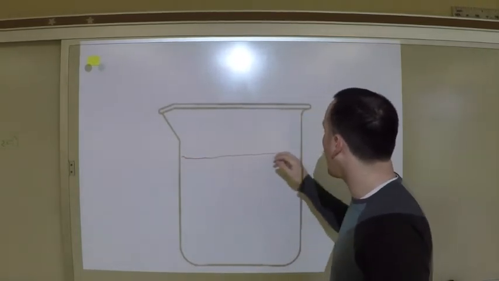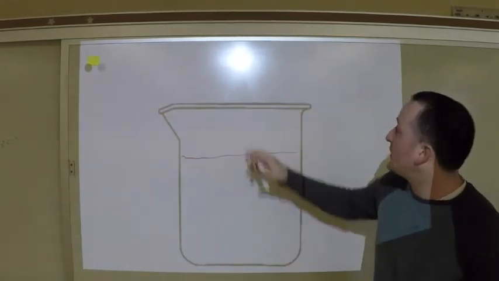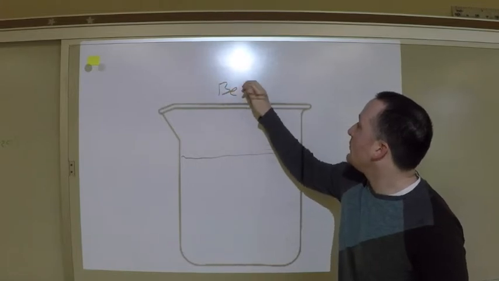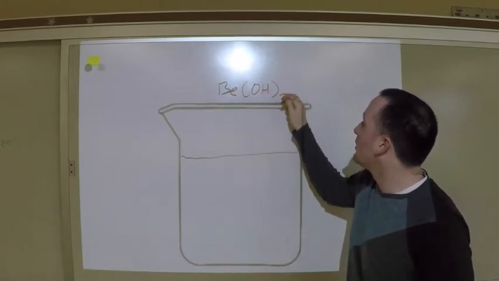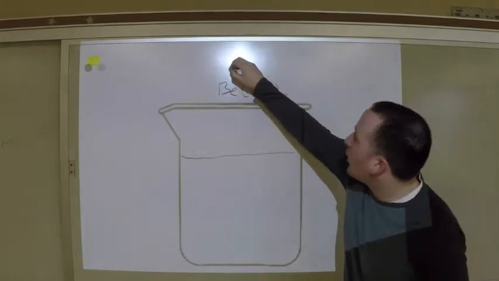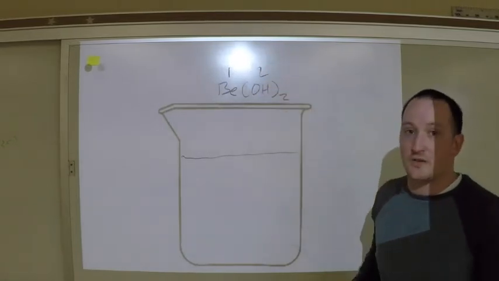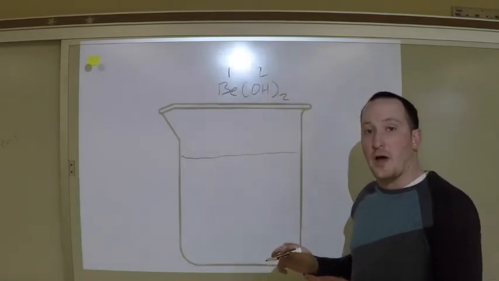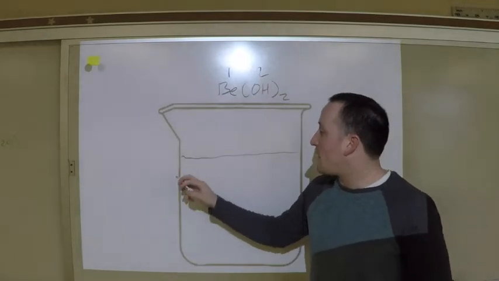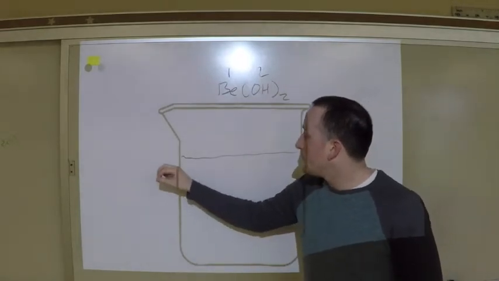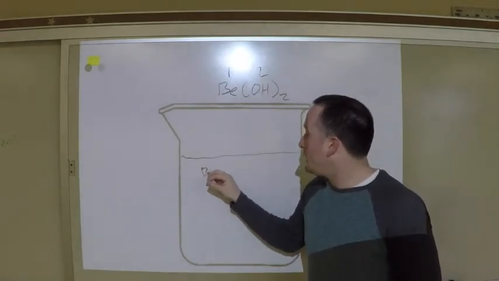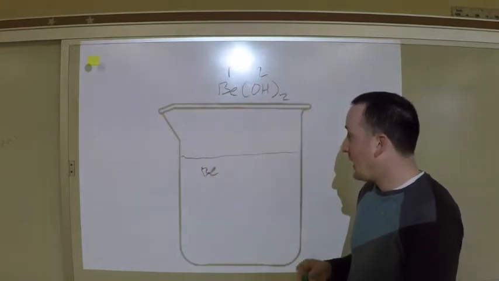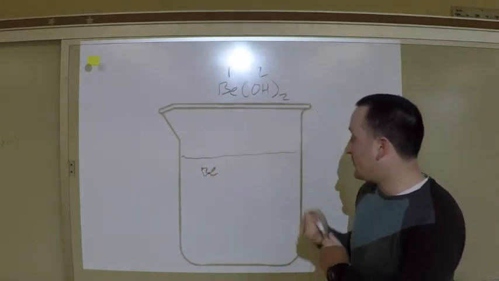So you've got your water line here. What we're going to have is, because beryllium hydroxide is Be(OH)2, that means I have 1 beryllium and 2 hydroxides. So when I draw its particle diagram, I'll just let my brown represent Be. Okay, so I've got 1 Be, and then I have 2 hydroxides connected to it.